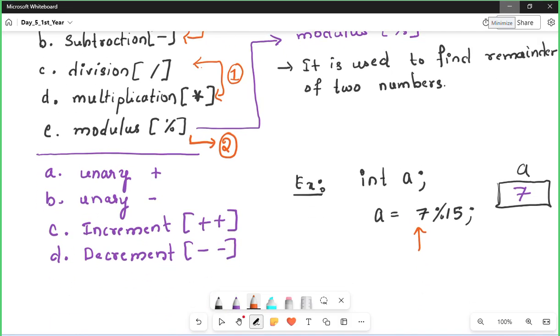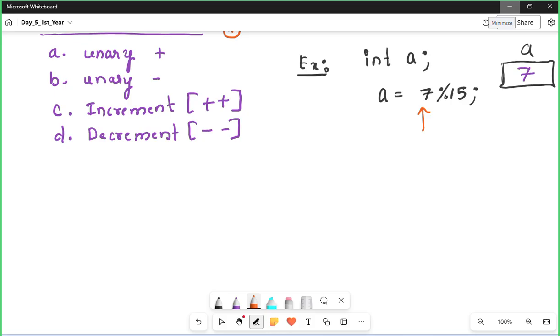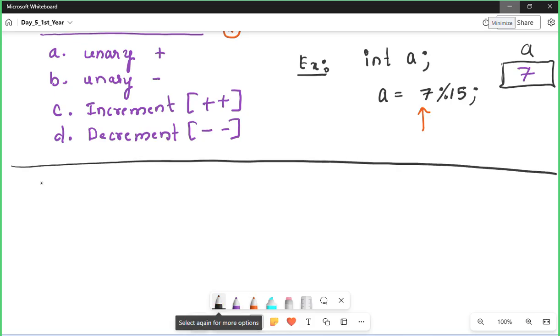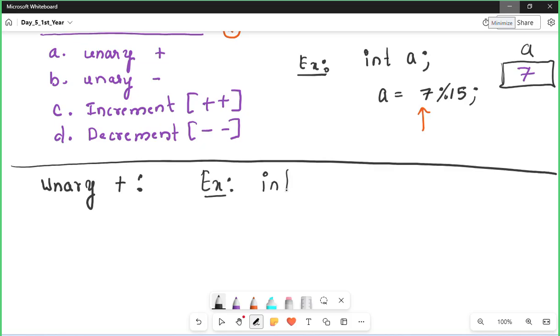Now we will look at what unary plus, unary minus, increment and decrement are. Let us start with unary plus. It is a plus symbol, not addition. It's a sign, a unary operator. It works on only one operand. For example, int a = +10.